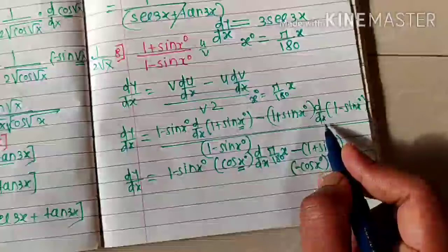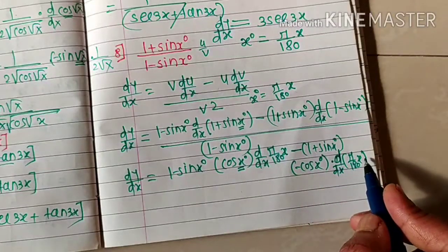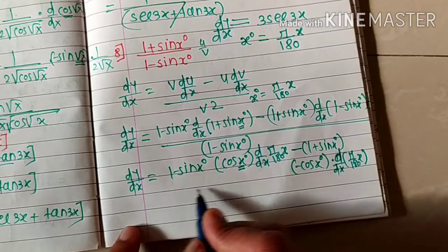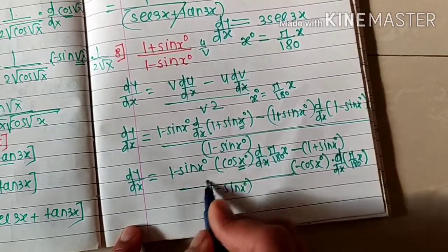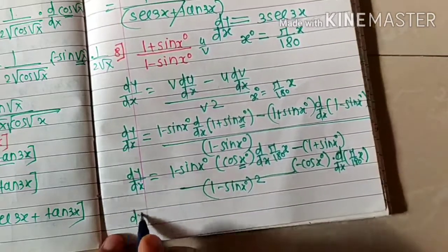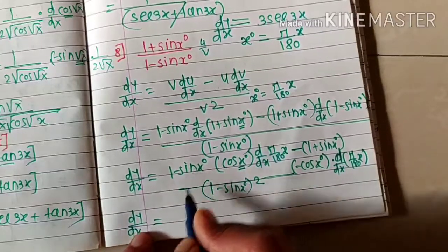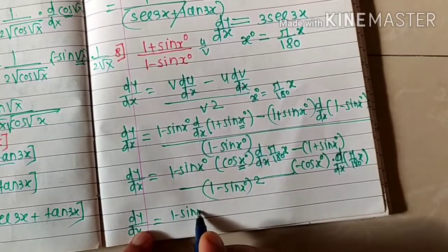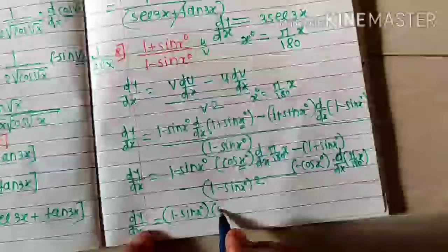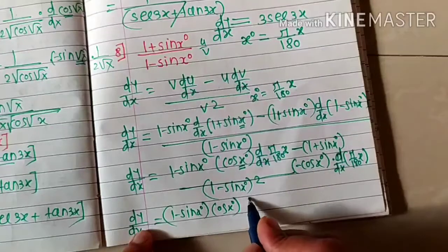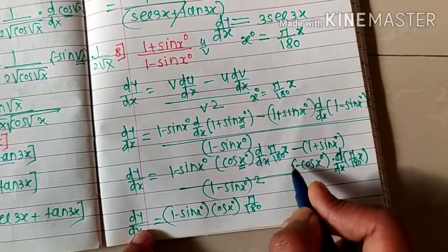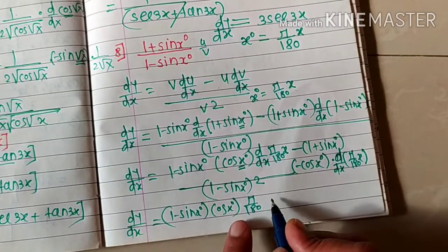In order to differentiate with respect to x, we substitute this x degree in terms of radians, divided by the denominator (1 minus sin x degree) squared. Then what we get: dy by dx is equal to (1 minus sin x degree) into cos x degree, and this derivative with respect to x, pi by 180 is constant, derivative with respect to x is 1.